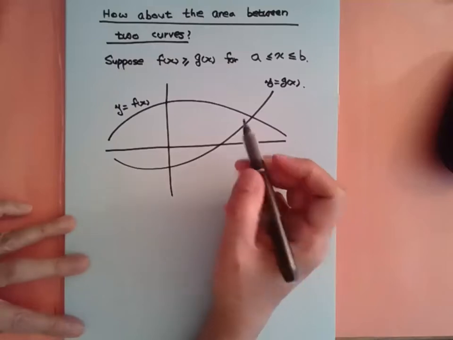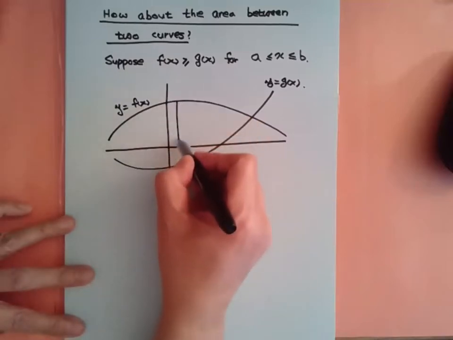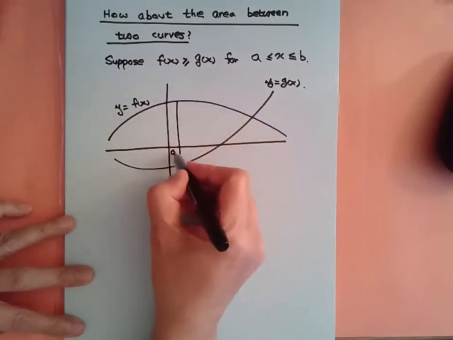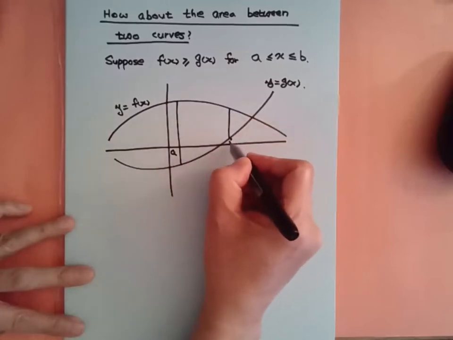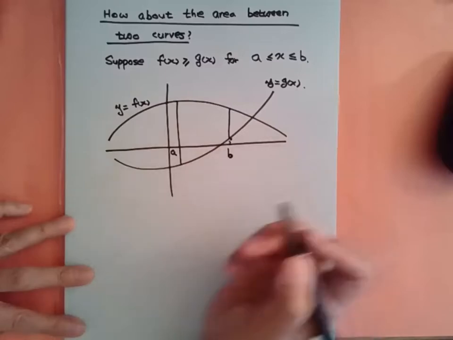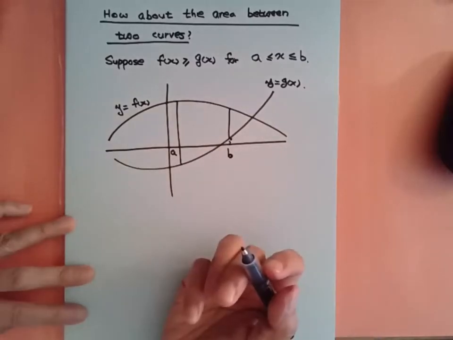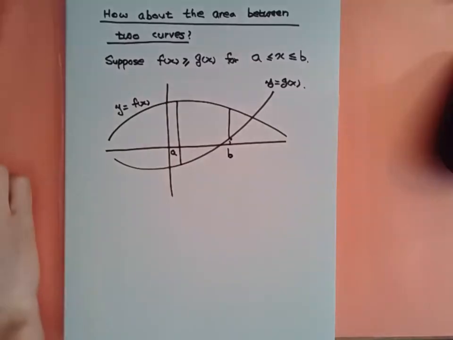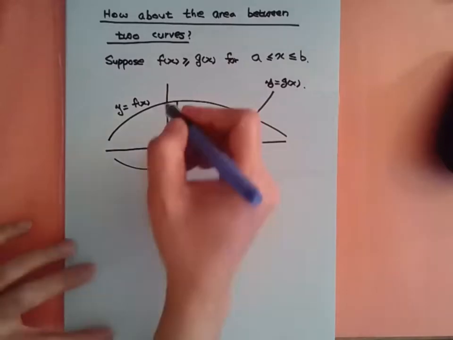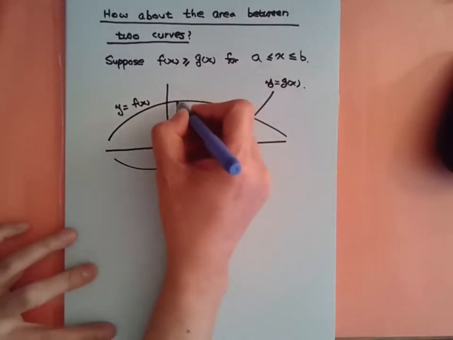We think about the region x equals a to x equals b. As we did when we defined the integration, we will draw a lot of rectangles.